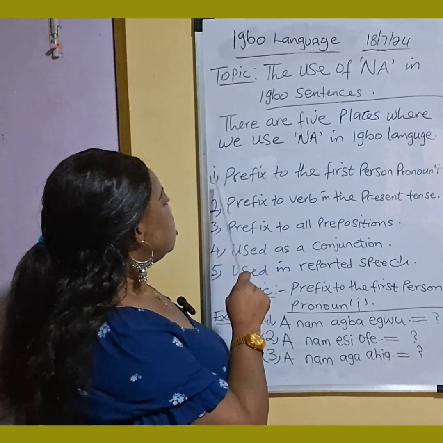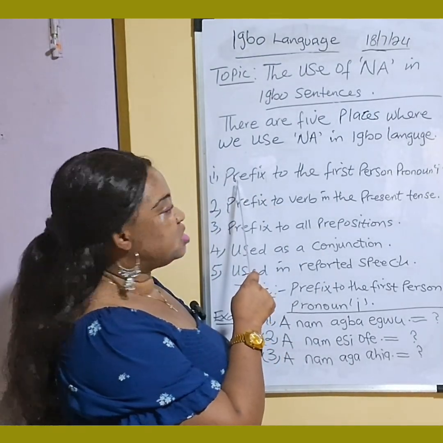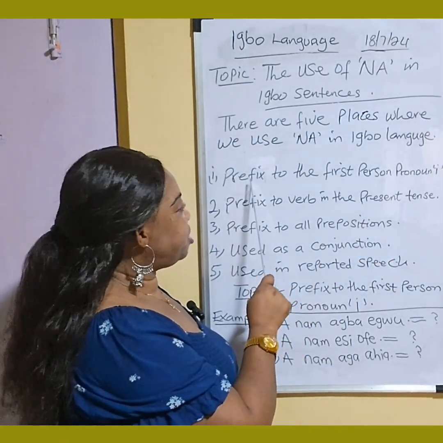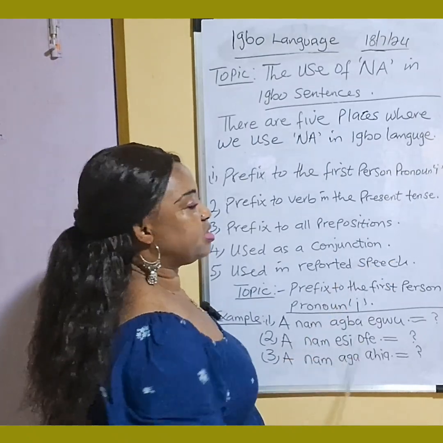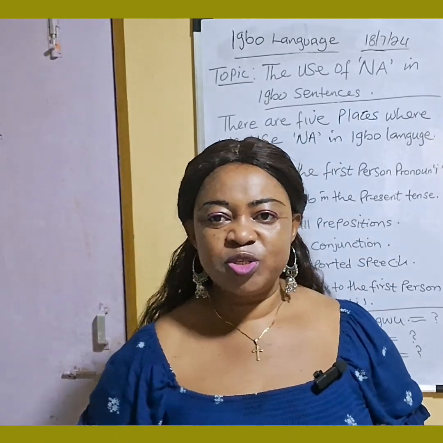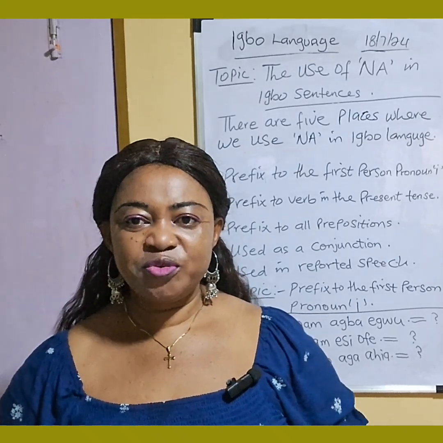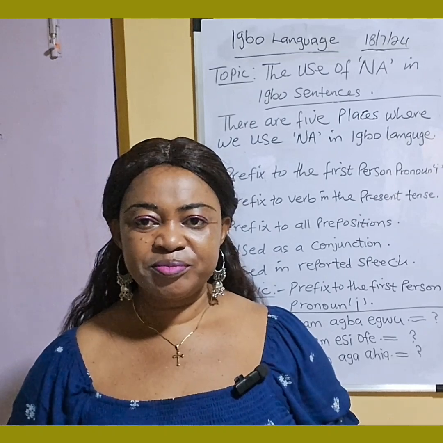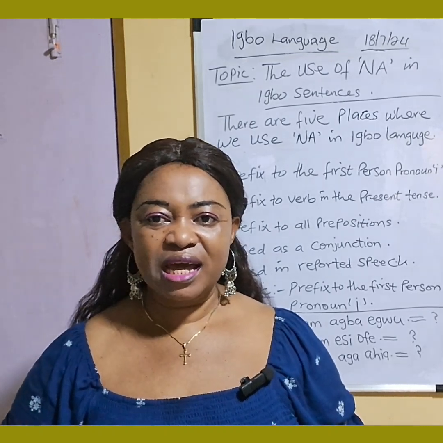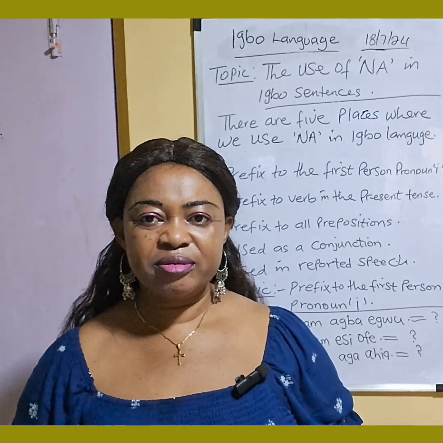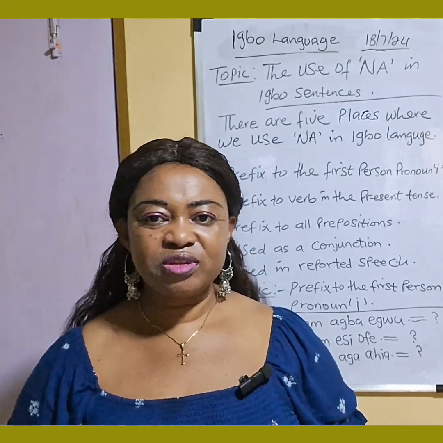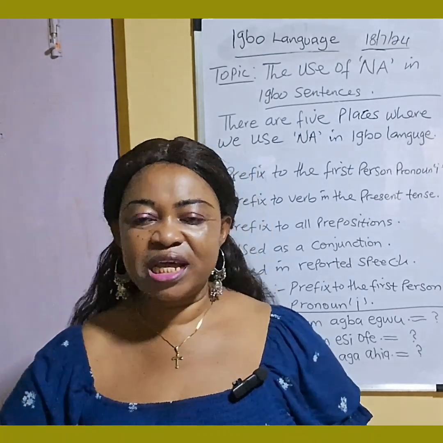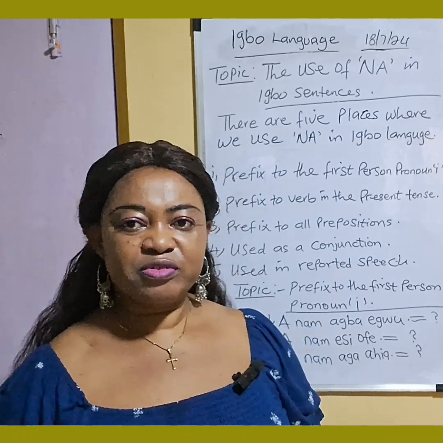Number 1, we use na as a prefix to the first person pronoun I. The first place we use na in Igbo language, you have to use it as a prefix to the first person pronoun I. Like anam abia. You have to say anam abia and not a abia. You have to put na to the pronoun I to give it a meaningful statement.